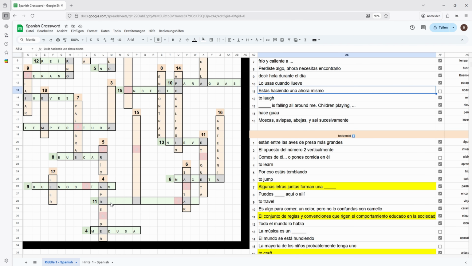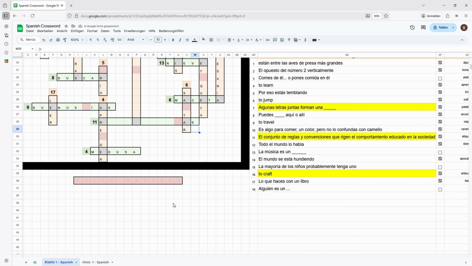It was 11, so it starts with an R. That looks like it should be multiple, so we make an S in here. And what number is that? 5.